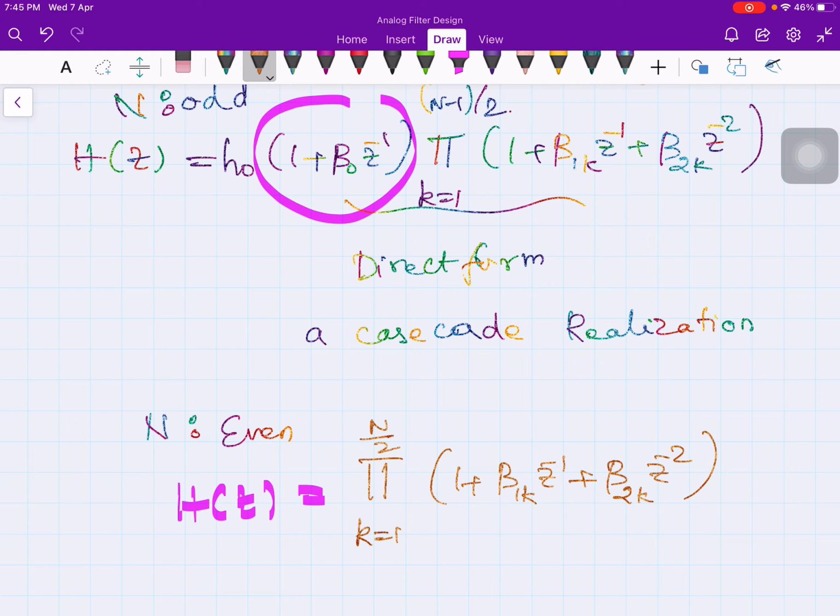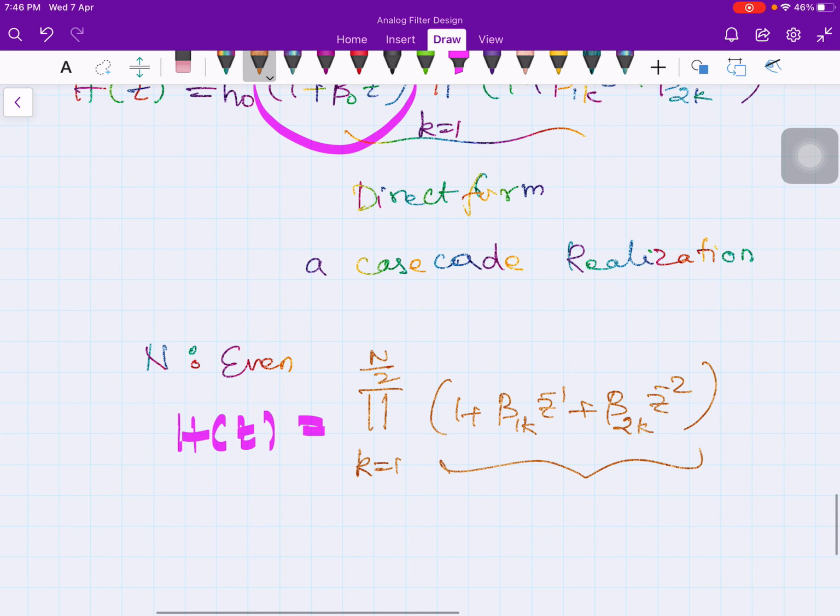Now each of them has to be realized in the transpose form or whatever structure you would like to choose.